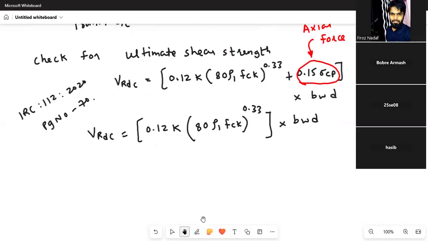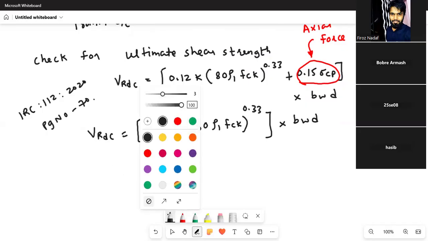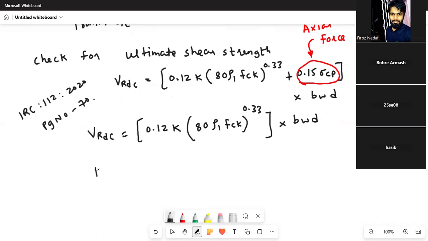K is given as K equal to 1 plus under root 200 divided by d, and it has to be less than or equal to 2.